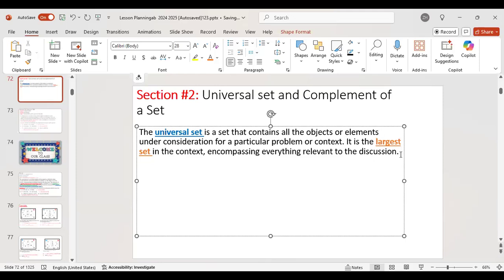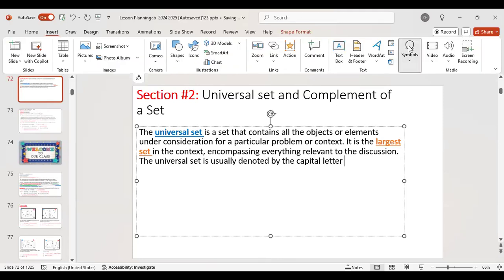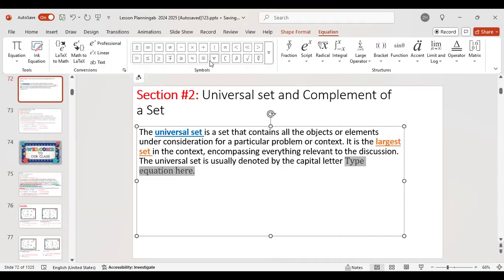So the universal set is usually denoted by the capital letter U. So like we said before, this capital letter U is the universal set.